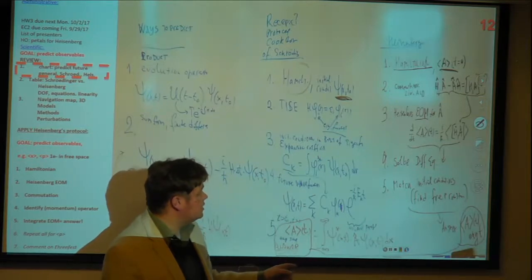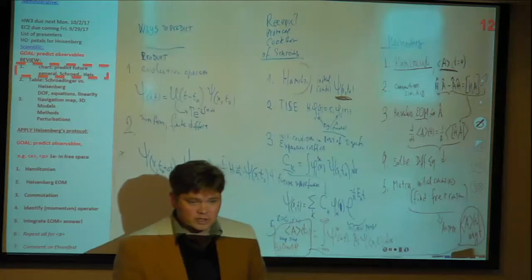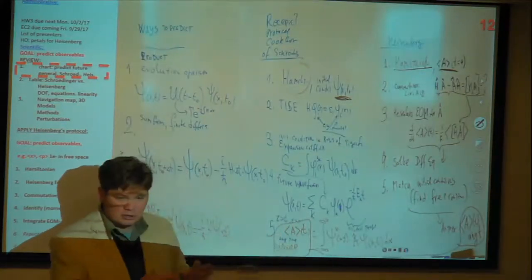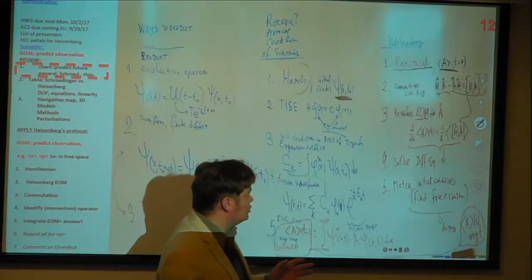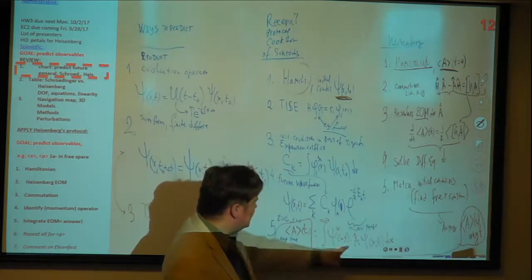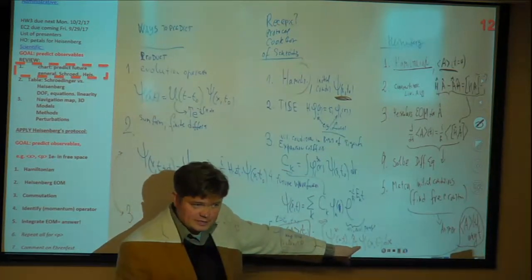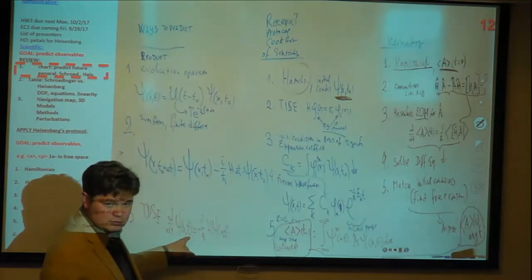Now, last time we agreed to make a shortcut. If we need just this trajectory of some observable, why don't we merge the definition of expectation value with the time-dependent Schrödinger equation?